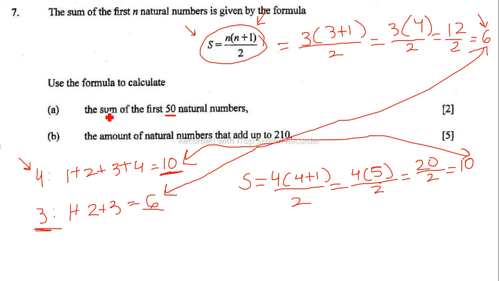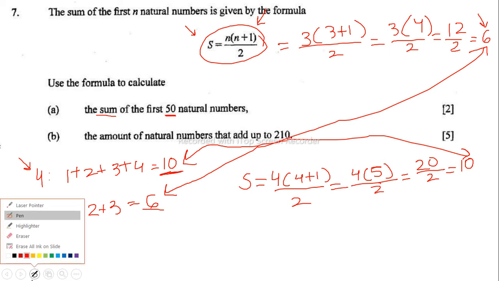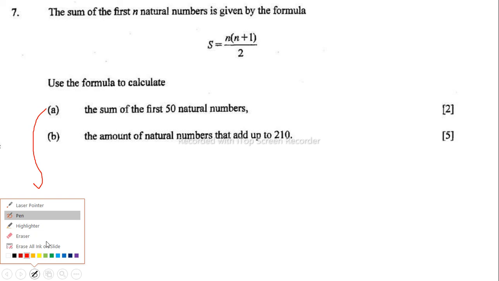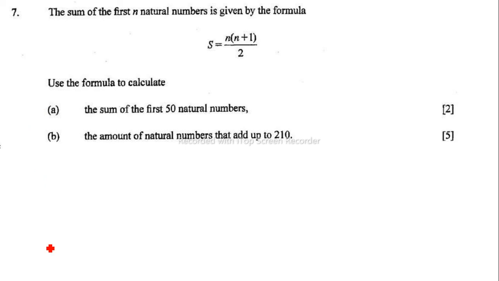So they're saying, use the formula to find out the sum of the first 50 natural numbers. And so here, our n is going to be 50. We're going to use the formula as part A to figure out the sum of the first n natural numbers. So let's do that. S is going to be equal to, this is the answer for A, by the way.